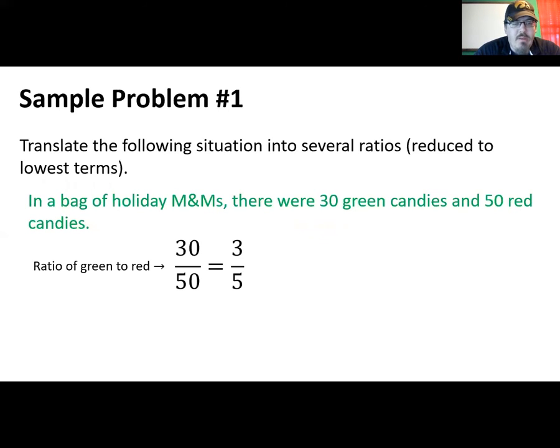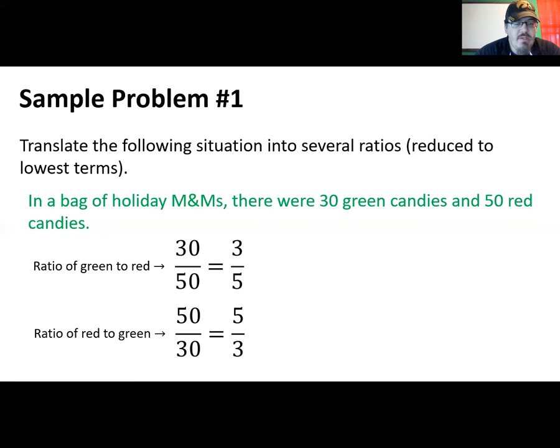Now, like I said, this is one ratio. This is the ratio of green to red. We can also flip this over and write the ratio of red to green. And so it just changes the fraction a little bit in the sense that we end up with the reciprocal, or again, the fraction that's flipped over.